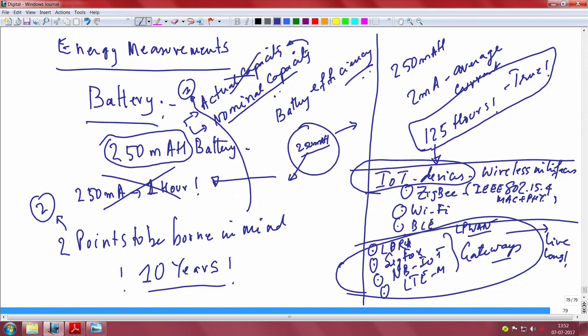Some of the nice things that have standardized is, whatever IoT device that you are using for sensing, let us say the sleep currents are of the order of 1 to 4 microamperes of sleep current, right.